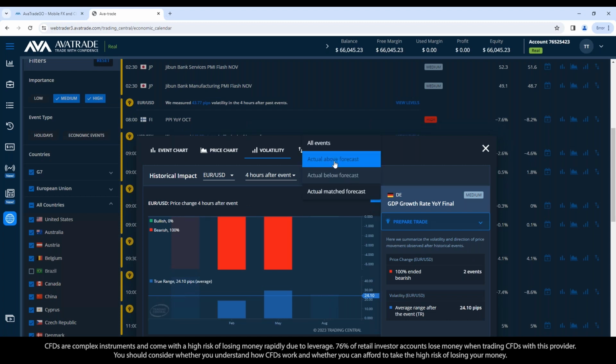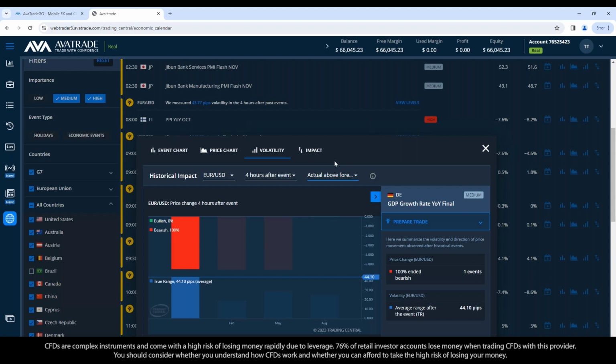And if we switch and go above forecast, it also led to the dropping of the Euro against the USD, okay, with only one data point for that particular announcement. And if it matched the forecast, it went up, okay?